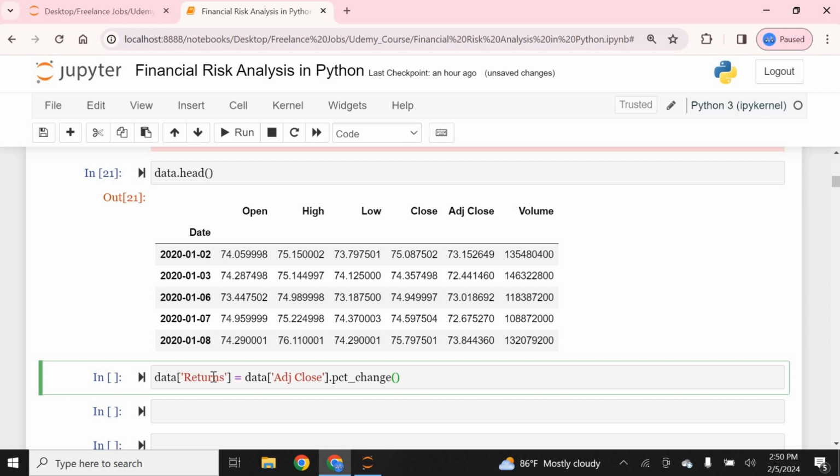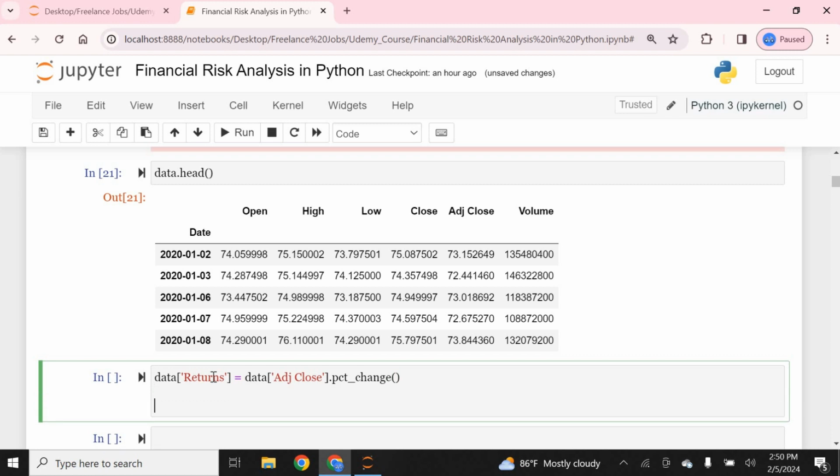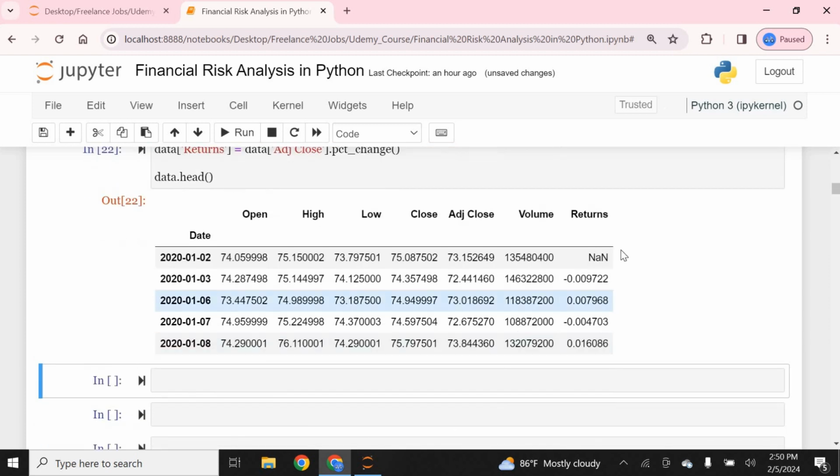This is the function that we use to calculate returns on stock market data.head. Let's see what we have. Cool. So we have an additional column called returns. So this is how to calculate returns using Pyfolio.